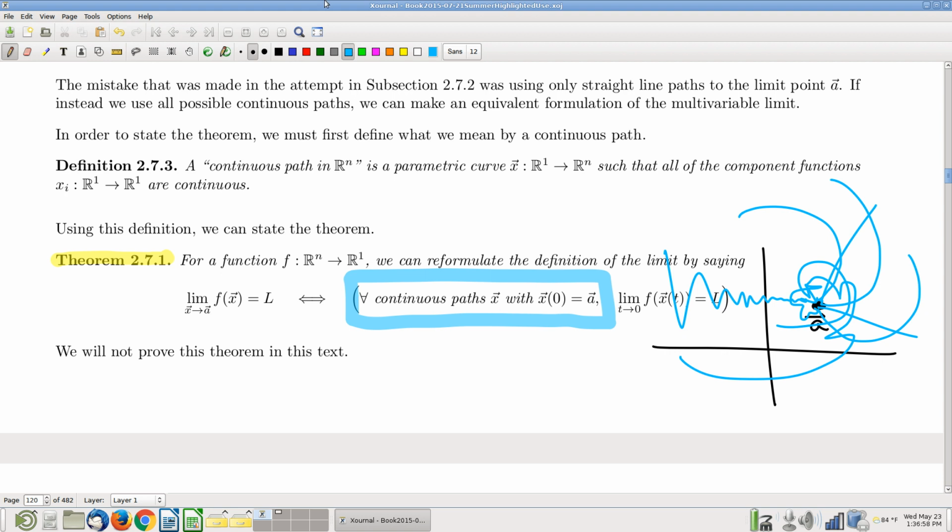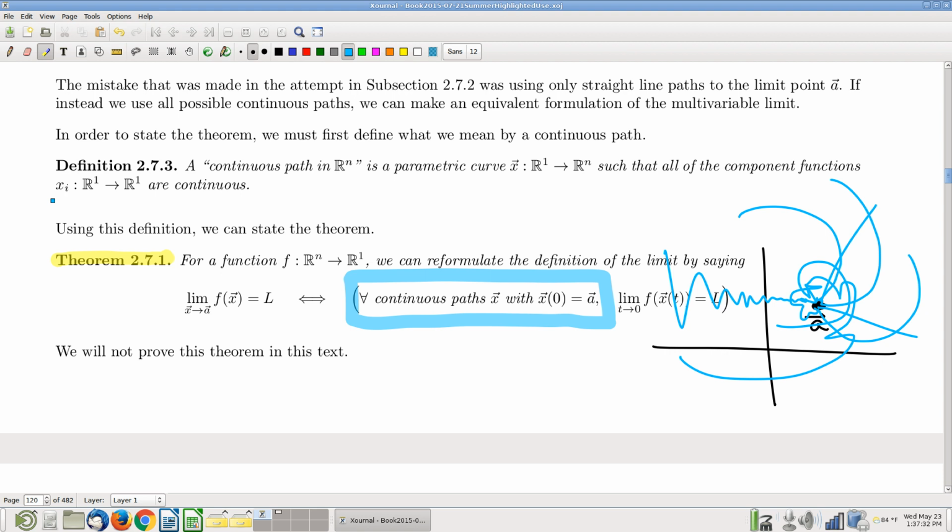Now, useless, you might say, because I can't consider all possible paths, but we can turn this theorem around backwards. If, as this says, multivariable limit exists implies that I will always get the same answer no matter which two paths I pick. Well, that means that if I were to approach along two different paths and if I were to get different answers, this couldn't possibly be true. Therefore, the limit could not possibly exist.